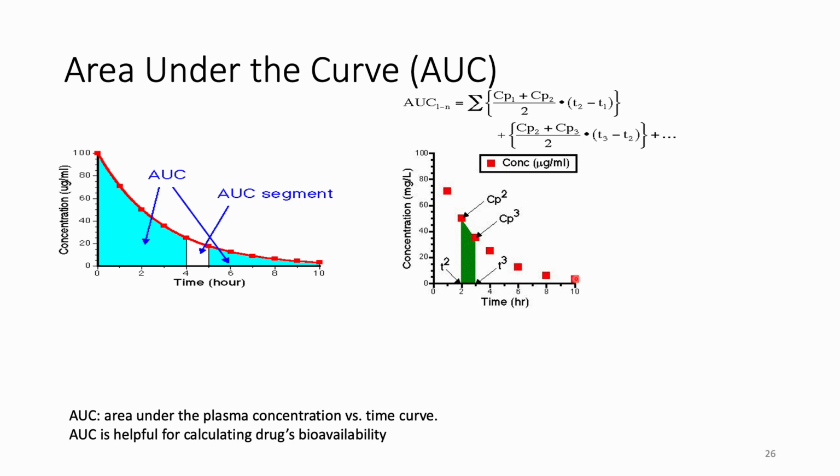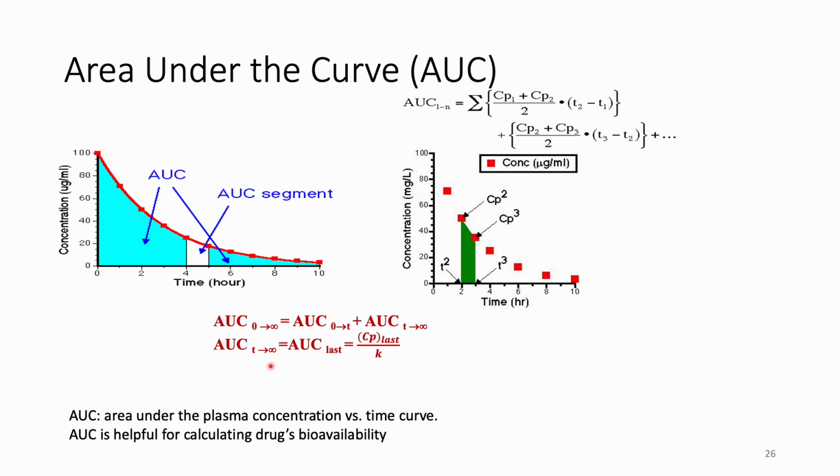Another tricky part is how to calculate the area from T7 to the end. For this case, we consider the total AUC, including the AUC of the different fractions from time 0 to time infinity. It is equal to AUC from T0 to T, or in this example T7, plus AUC from T7 or T to infinity.